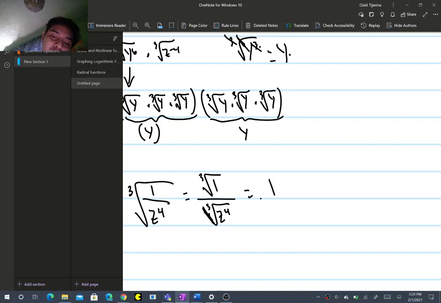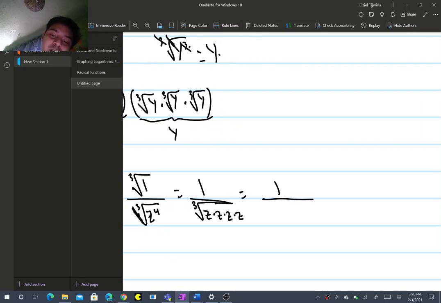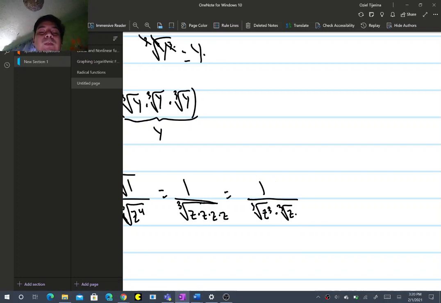So we have 1 divided by the cubed root of z times z times z times z, and we know that to get rid of our radical, we have to do the cubed root of z cubed and then times the cubed root of z, because when you multiply these two, you get the cubed root of z to the 4th.